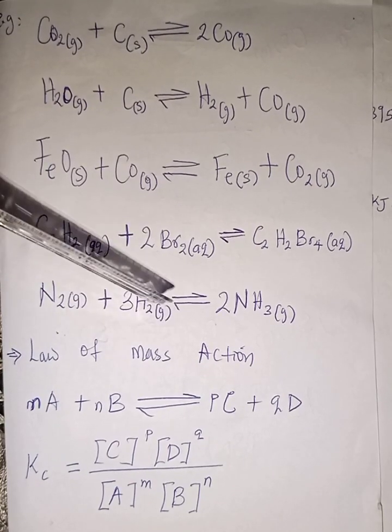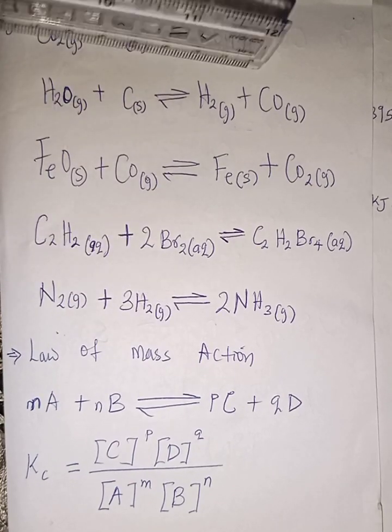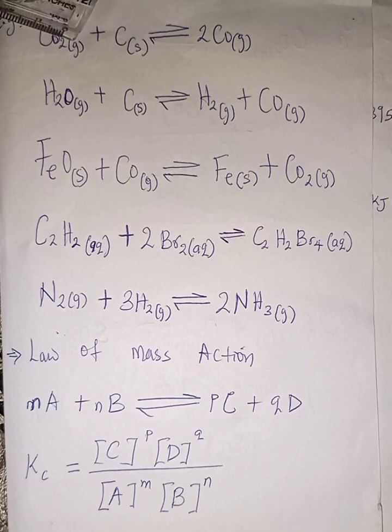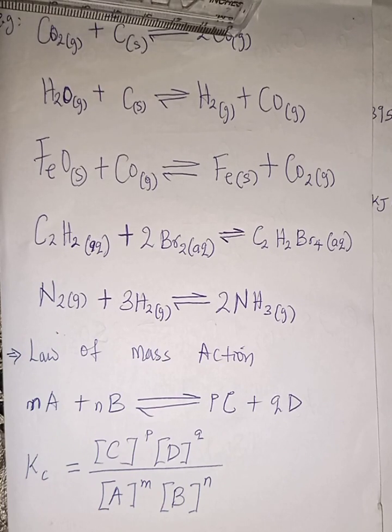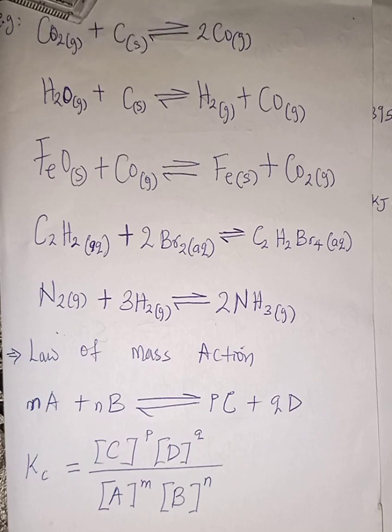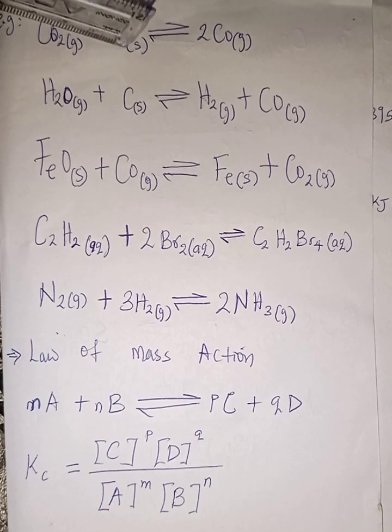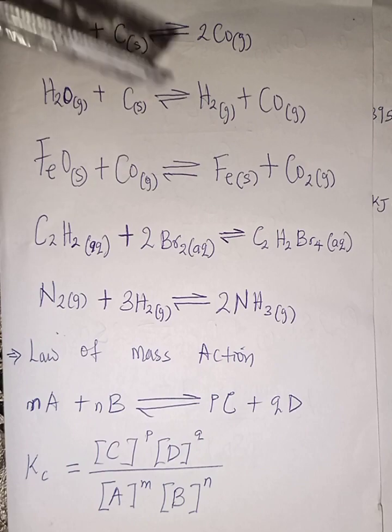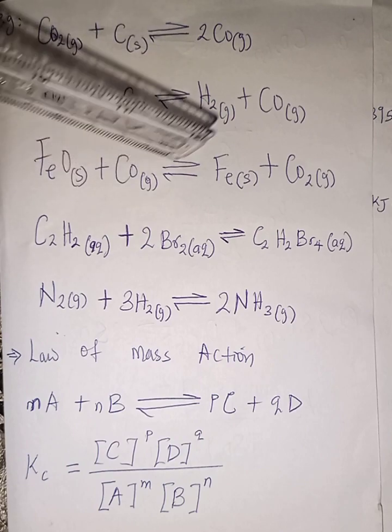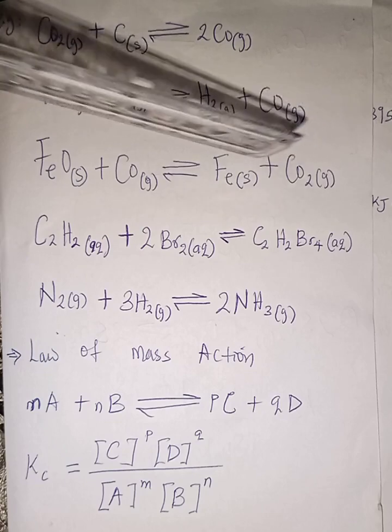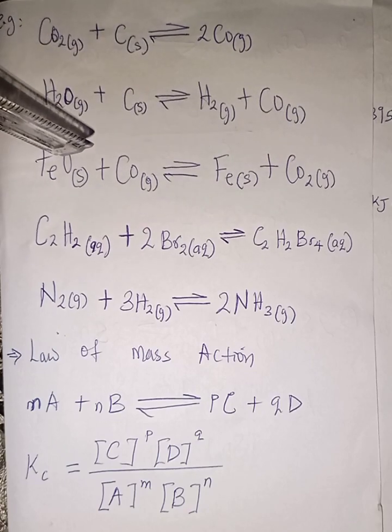Now we check the nature of the reacting species. Here we have gaseous, solid, gaseous. So everything is not in the same phase. This type of equilibrium is called heterogeneous equilibrium, because the reacting species are not in the same phase. Let's look at this: solid, gaseous, solid, gaseous. The same thing, heterogeneous.